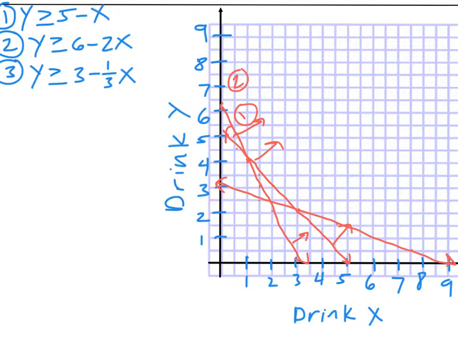That one was a little better. And of course we'd shade up there, which would give us this unbounded feasibility region all the way up here.